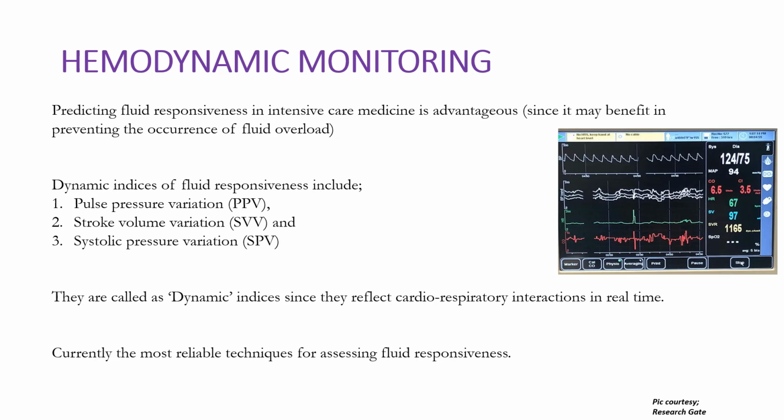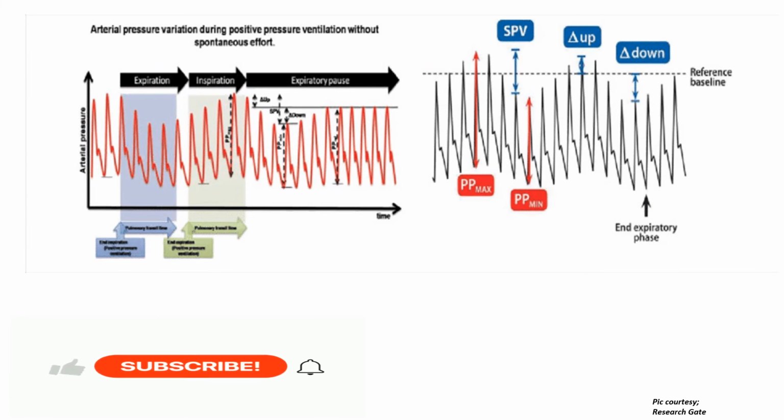Dynamic indices of fluid responsiveness include pulse pressure variation, stroke volume variation, and systolic pressure variation, as you can see the parameters over here. These are referred to as dynamic indices because they reflect the cardiorespiratory interactions in real time. And currently, these are the most reliable techniques for assessing fluid responsiveness as per IAP NTG.